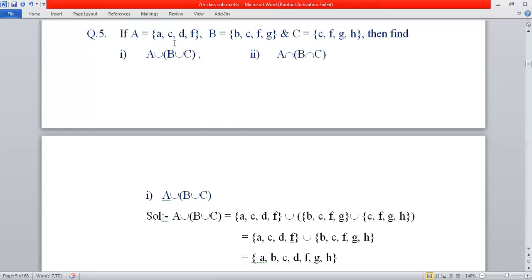In this question, you are given sets A, B, and C. You have to find the first part, A union B union C, and in the second part, you have to find the intersection. But here they give you the restriction that first you find the union of B and C, and then with the answer that comes from this, you find the union with A.